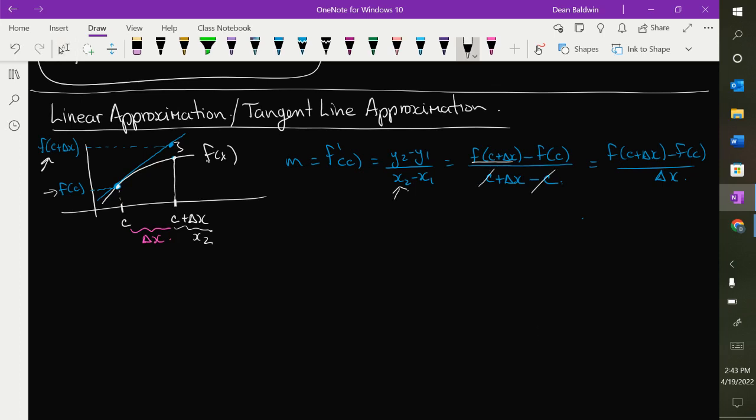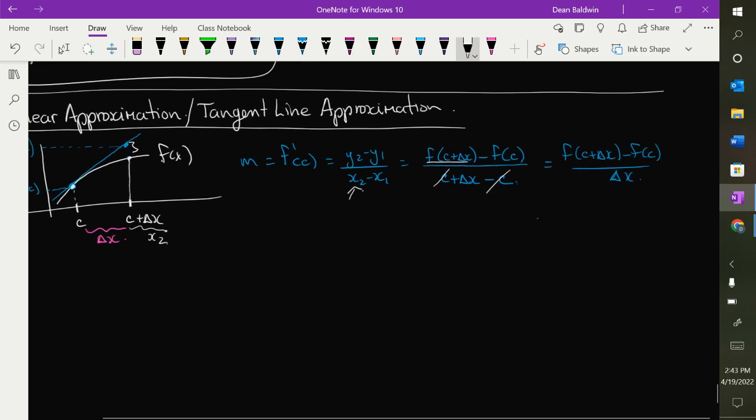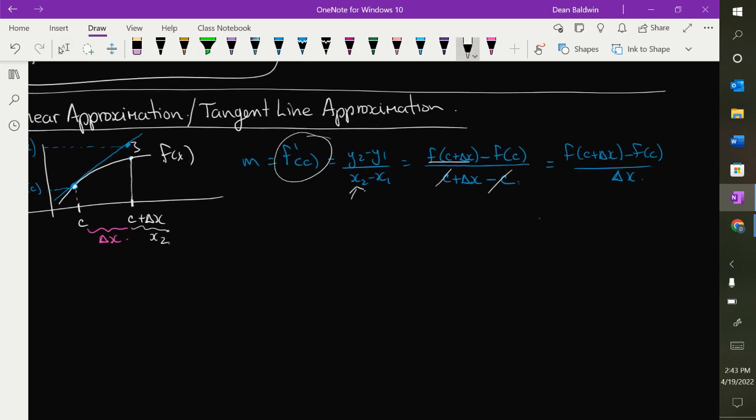Obviously, those c's go away. You're left with delta x in the bottom. The numerator is f of c plus delta x minus f of c, and all of that equals f prime of c.